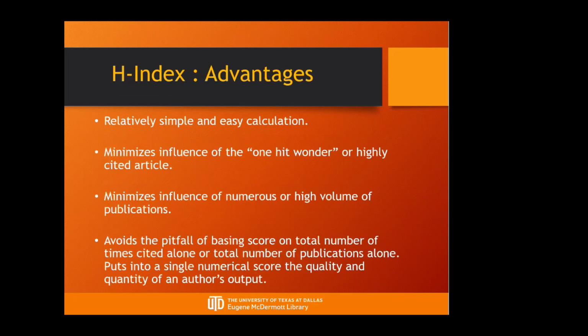Now, Hirsch intended the index to address the main disadvantages of other bibliographic indicators, such as using the total number of papers that an author has published alone, or using the total number of citations that they have received alone.